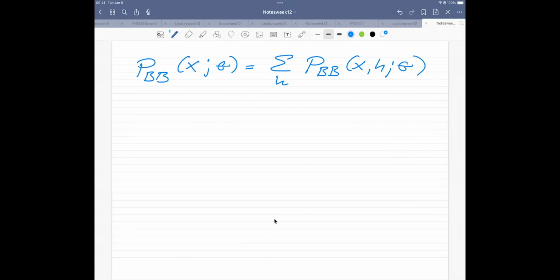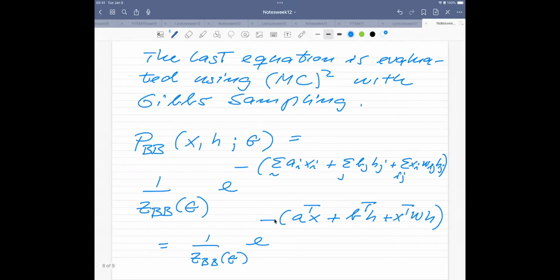Now, one thing you see with Boltzmann machines is that the model which we have chosen is a model which is going to give us nice analytical expressions. However, if you want to complicate the model, suppose your input variables are not binaries but continuous variables, then you would have to change the expression for the x's here.